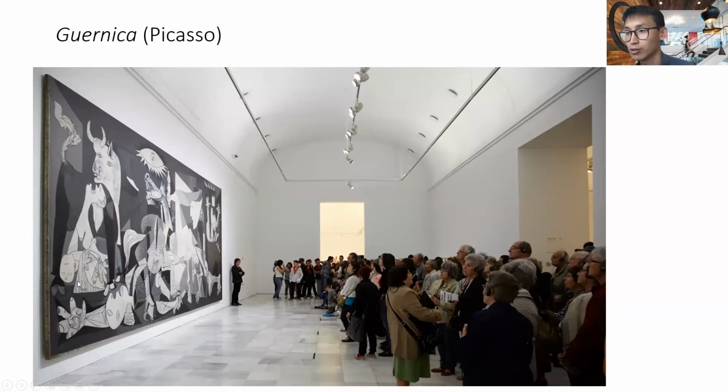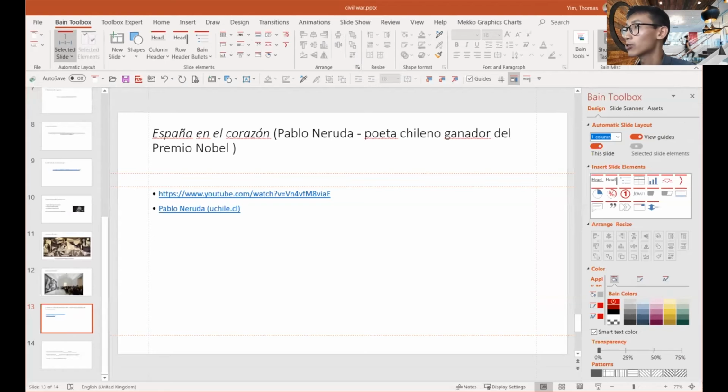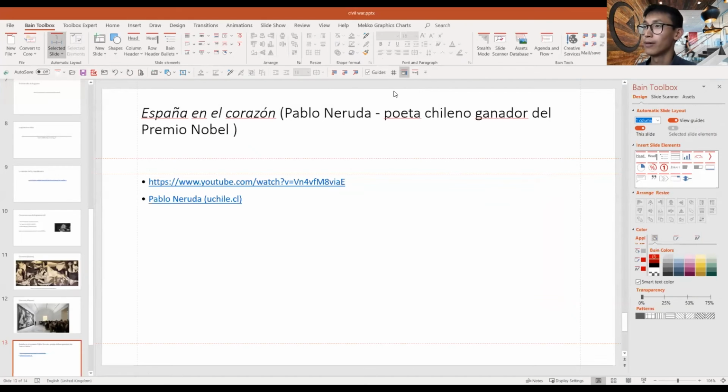And then next, we're also going to take a look at, am I still sharing the screen? Yes. Pablo Neruda. He is a Chilean poet that won the Nobel Prize.